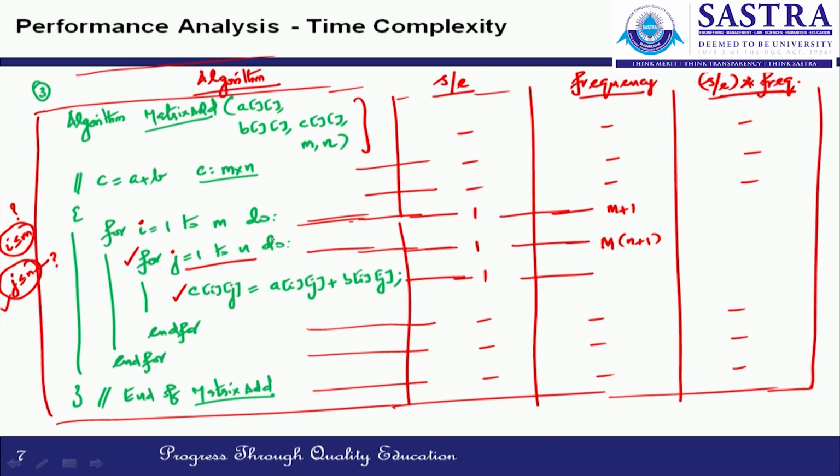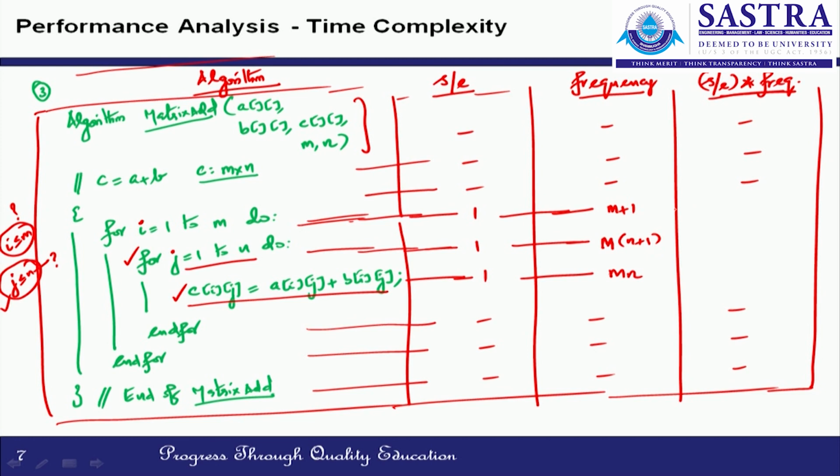The part of outer for is executed for m times. So, finding the product, this is simply m into n, mn times the assignment statement is executed.